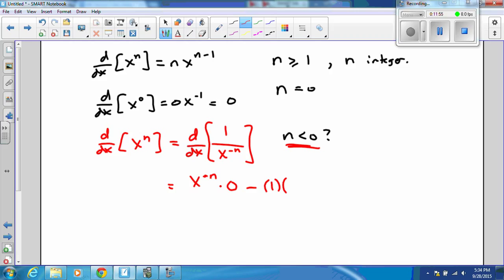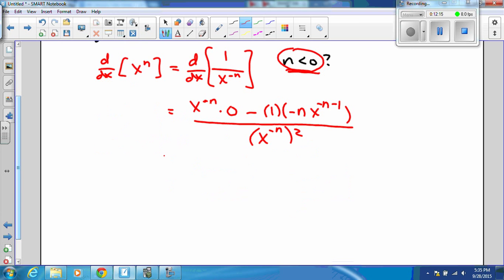Now, the d low is going to be a little bit tricky because negative n is a positive number because n is less than 0. And so I can use the power rule on x to the negative n.